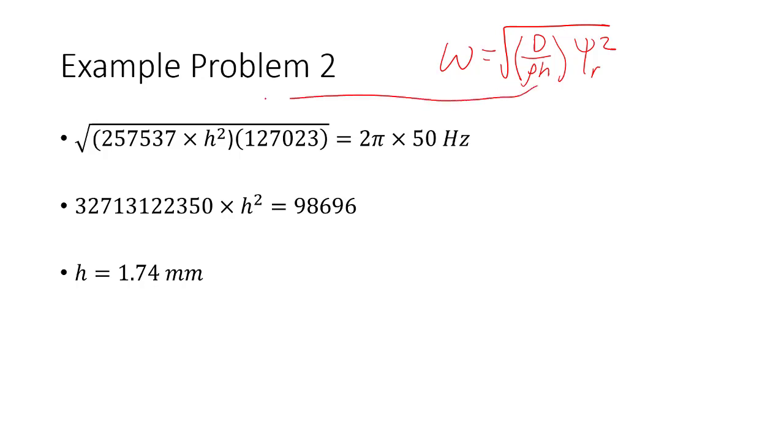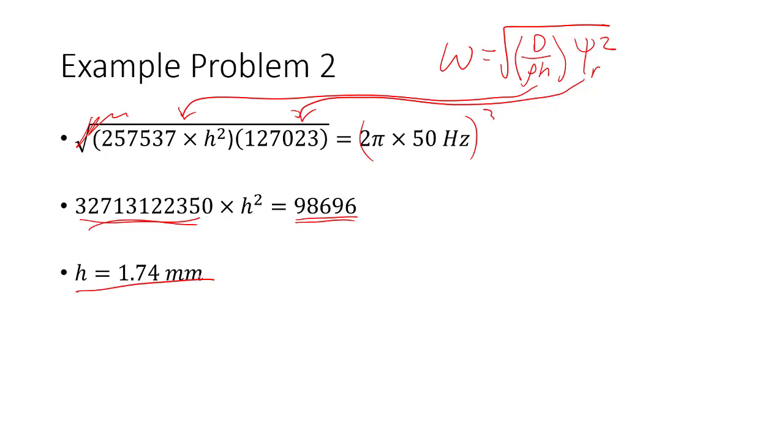So D divided by rho h was 257,537 times h squared, and psi sub r squared was 127,023. So the square root of those has to equal 2 pi times 50 hertz. When we square all of this and get rid of the square root, we get 98,696 on the right, and then a very big number times h squared on the left, and ultimately h comes out to be 1.74 millimeters.